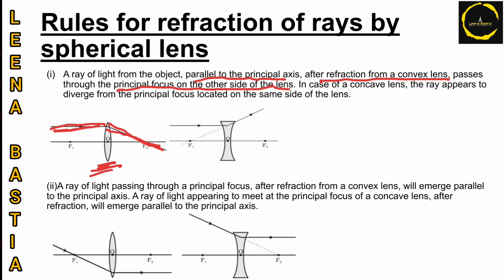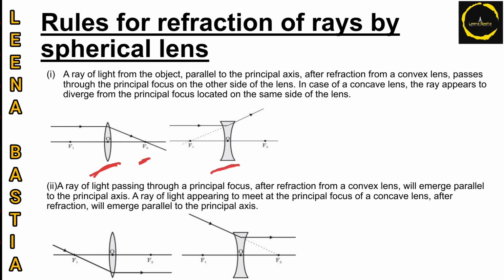Similarly, in case of concave lens, what is happening here? The same thing we just discussed regarding the converging and diverging nature of both lenses. When the ray is parallel to the principal axis, after refraction it appears to come from the focus on the same side. Here is the difference: in case of convex, the refracted ray passes through the focus on the other side of the lens.